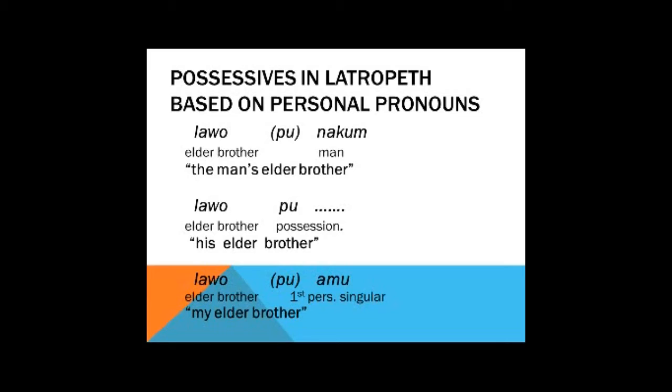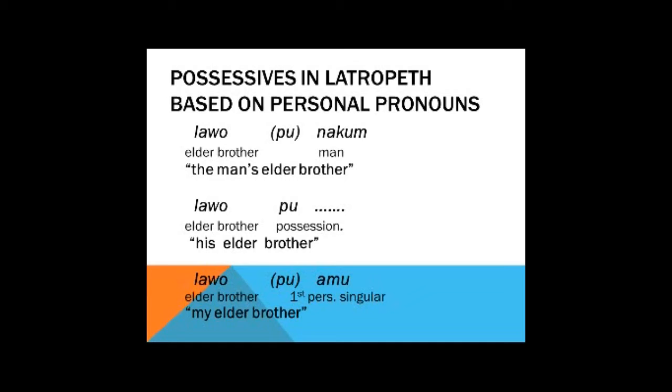So here's some examples. Without any personal pronoun reference, a phrase incorporating possession with two nouns, the possessee followed by the possessor, where the possessee is indicating a kin term. Launakum, the man's elder brother. Now in the middle you've got lawopu and nothing else, so there's no possessor noun in there at all.